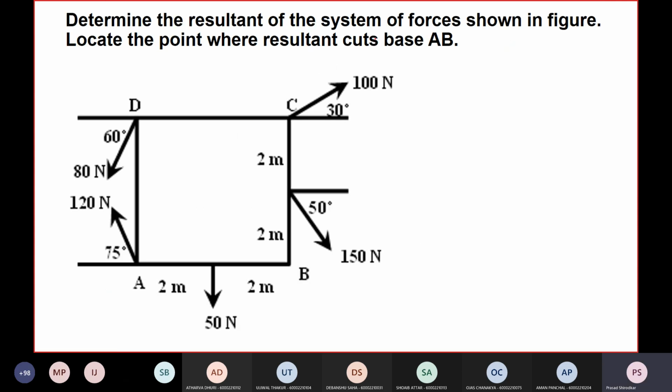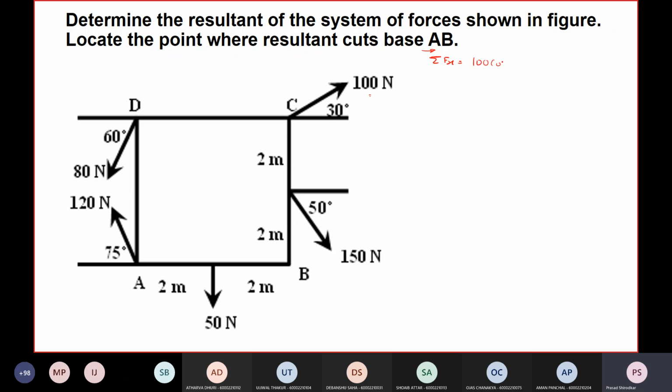Alright, determine the resultant of the system of forces shown in the figure and locate the point where the resultant cuts the base. Okay, so let's calculate summation Fx by resolving all the forces one by one, starting with this 100. I'm going to use the convention right hand side positive.